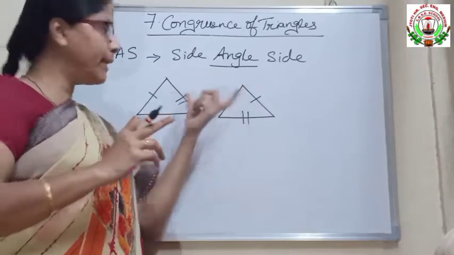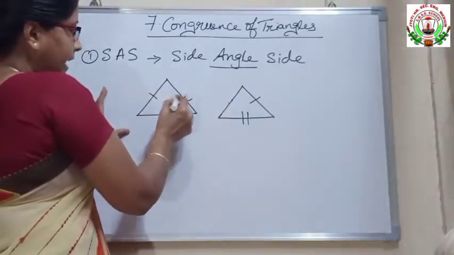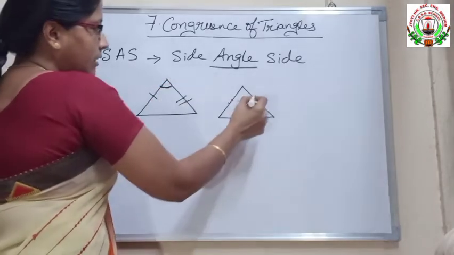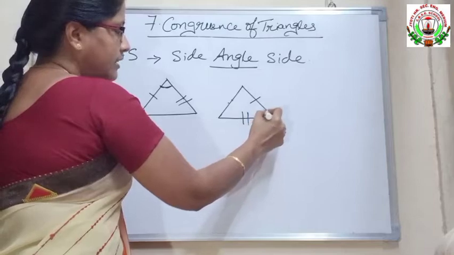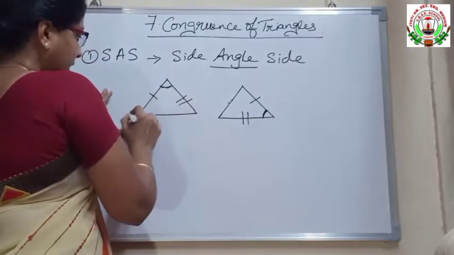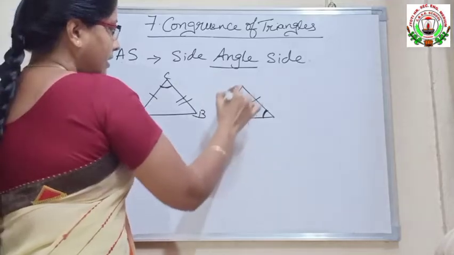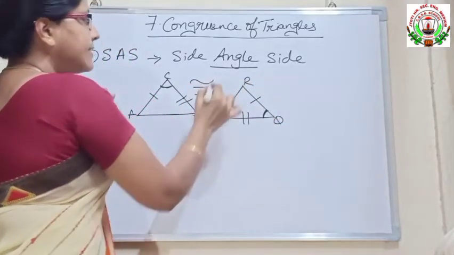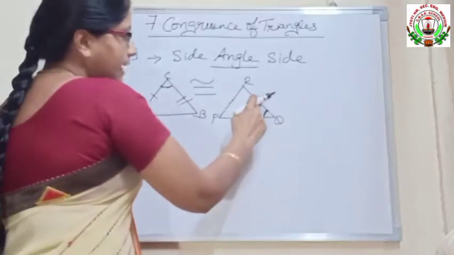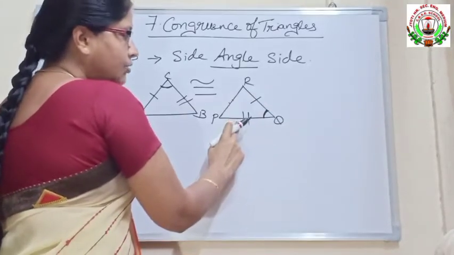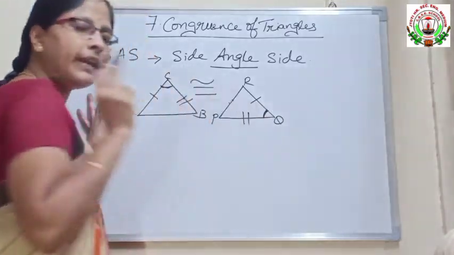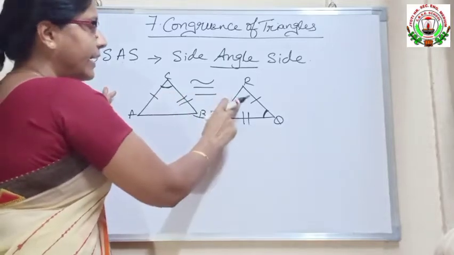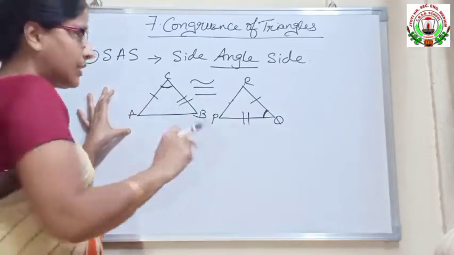See, for this side and this side, these two sides, this angle is included. For these two sides, this angle is included. So for A, B, C and P, Q, R, only then can we say that they are congruent. It means the angle between the two equal sides should be equal. Then only can we say that these two triangles are congruent to each other.